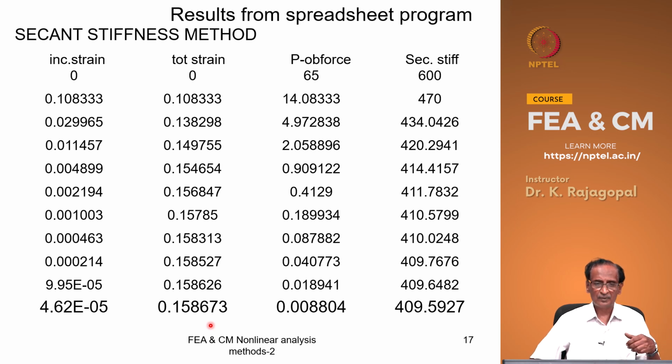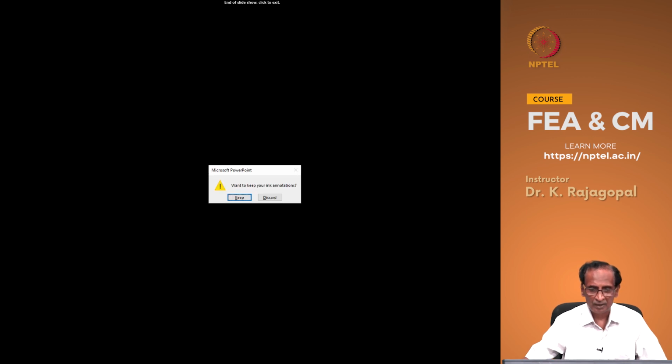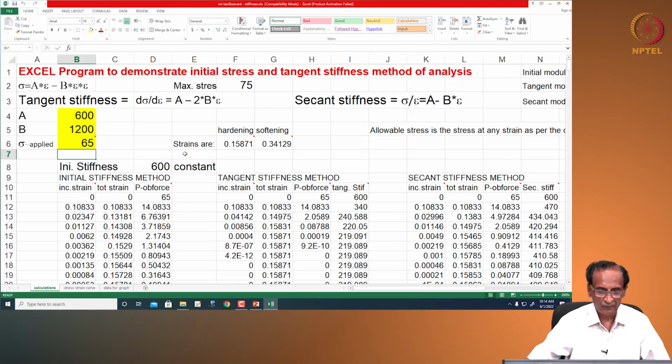These are the results from the Excel spreadsheet program, and now let me illustrate this. You will find this Excel spreadsheet program in your course material, and it is called initial tangent and secant stiffness.